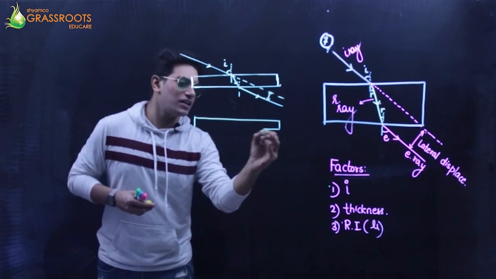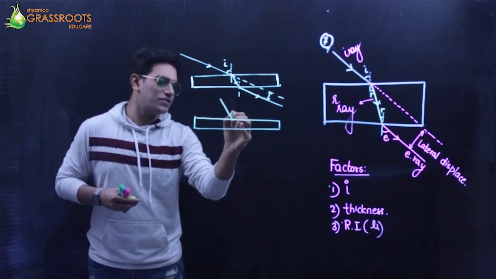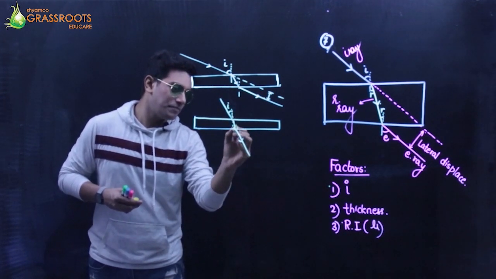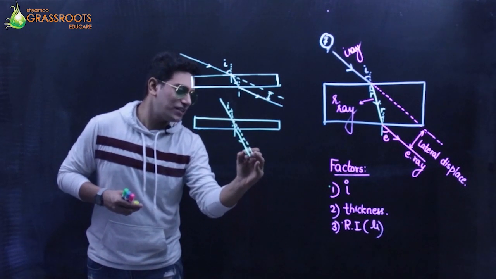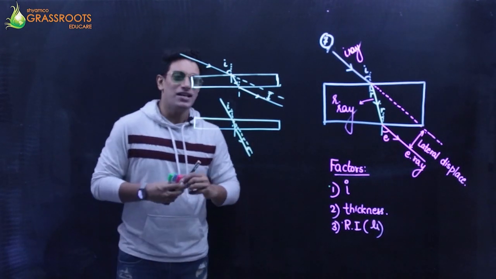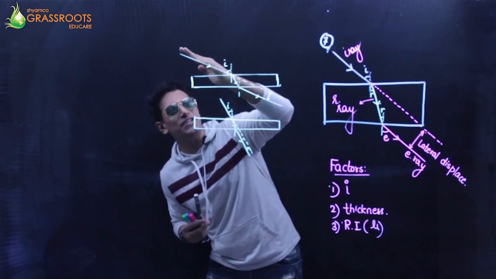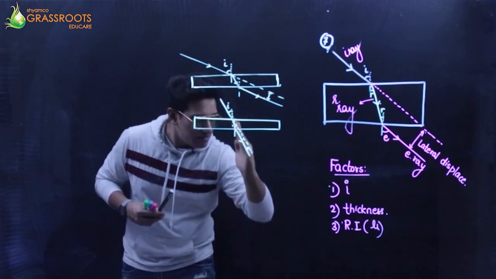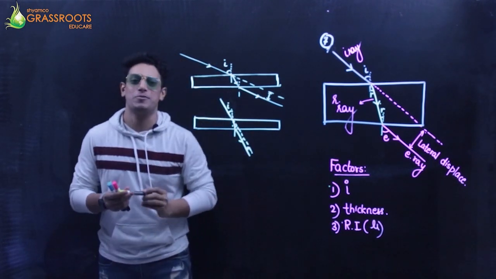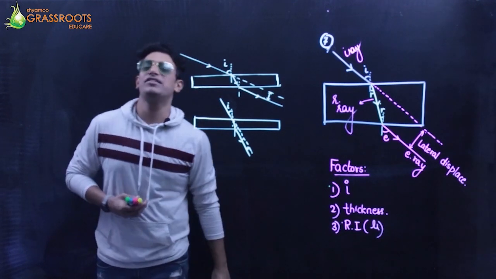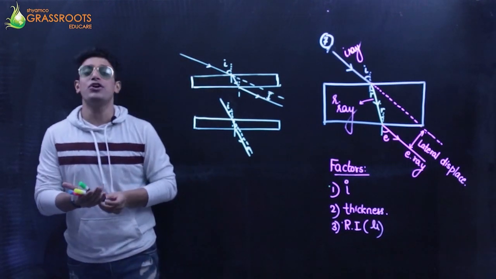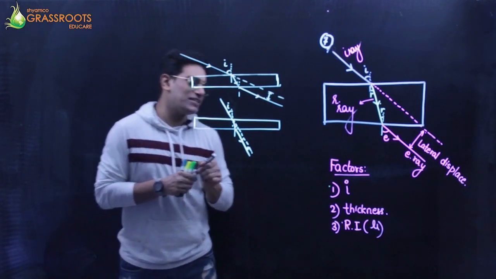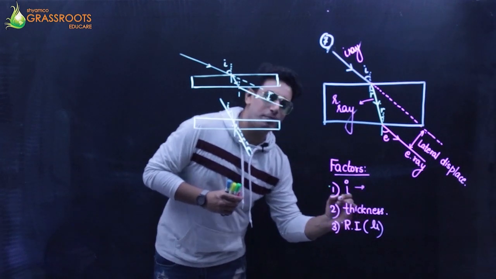With the same thickness of the glass slab, if the angle of incidence is less, there is less bending, so check the amount of lateral displacement. It's less. So can I say the more the angle of incidence, the more is the lateral displacement, and the less the angle of incidence, the less is the bending, the less is the lateral displacement, the less is the distance between the emergent ray and the direction of the incident ray. Alright, so is it directly proportional or inversely proportional?